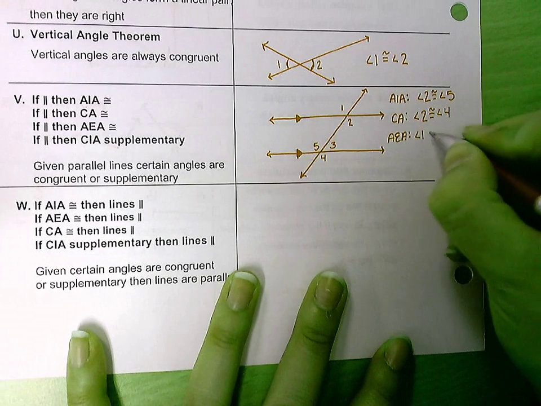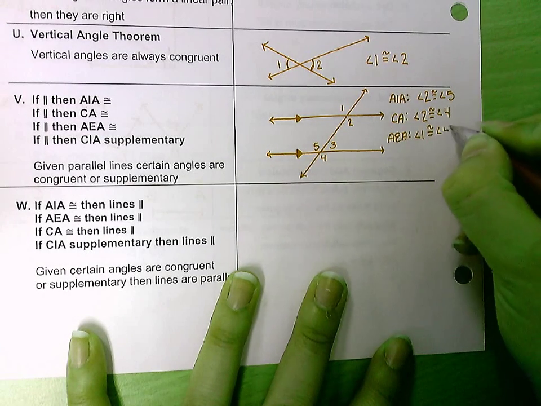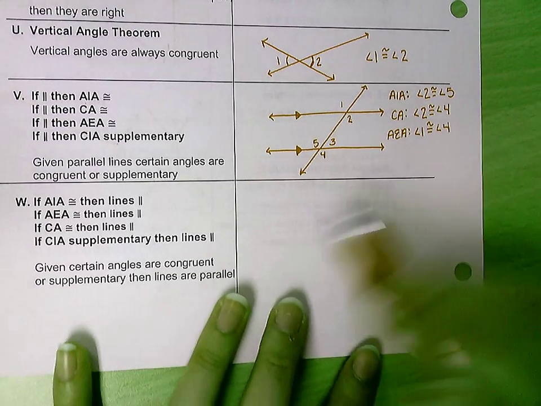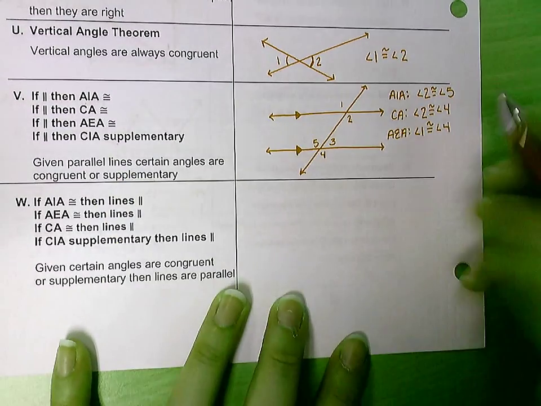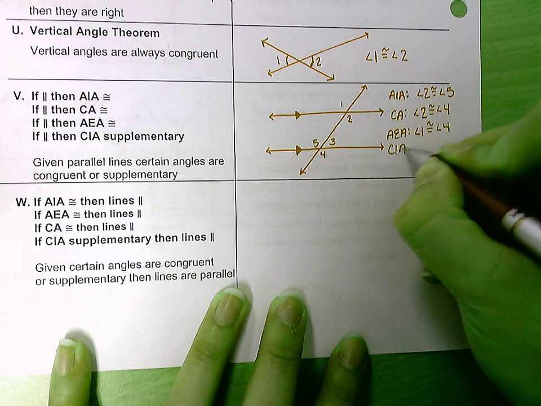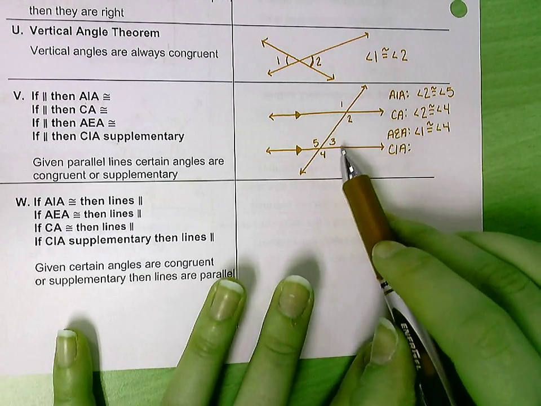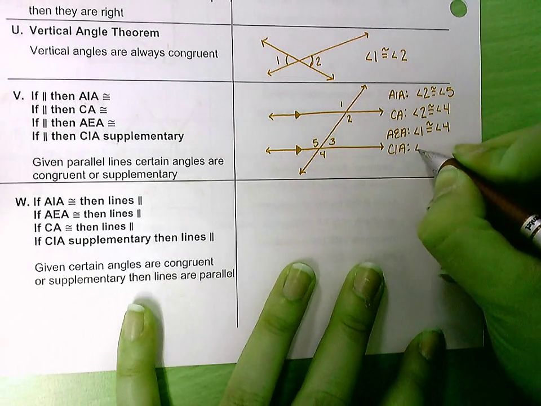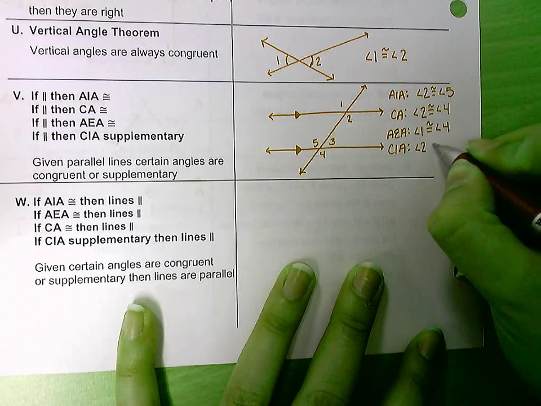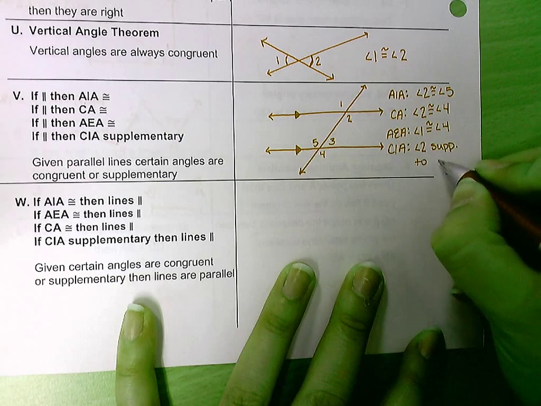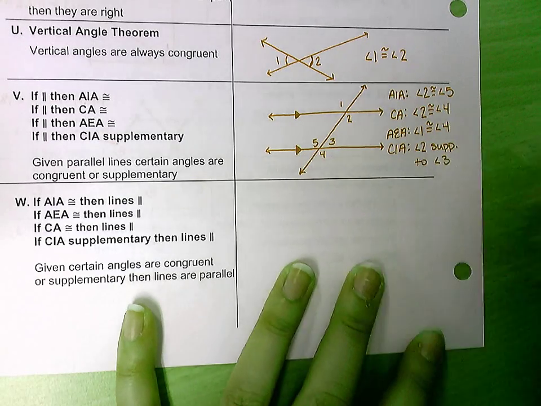So angle 1 is congruent to angle 4. And then my consecutive interior angles, so 2 and 3. I could say angle 2 is supplementary to angle 3.